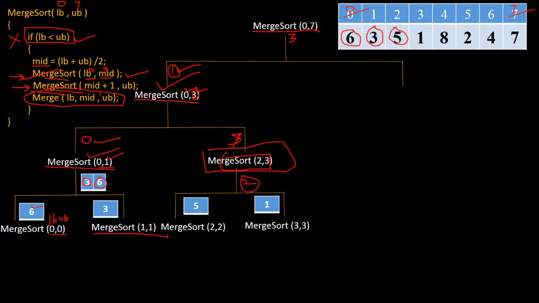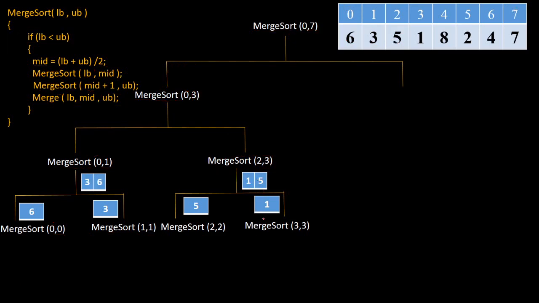When we are merging 5 and 1, we will get 1 and 5, right? So I hope you are understanding. Now for this merge sort 0 comma 3, we have completed its left part as well as its right part, right? So this line executed, this line is also executed.